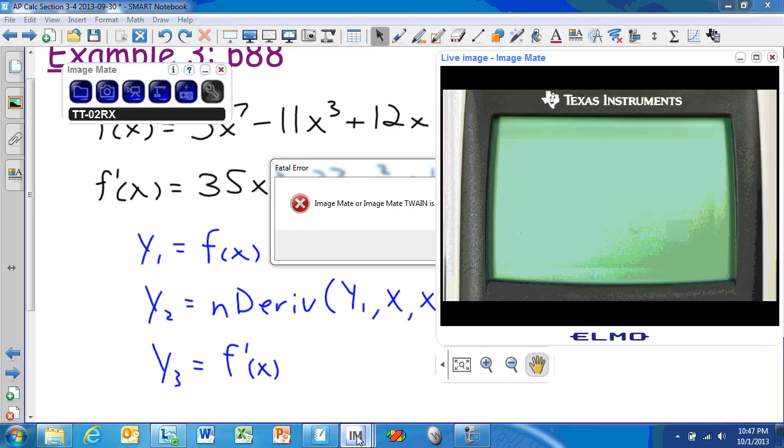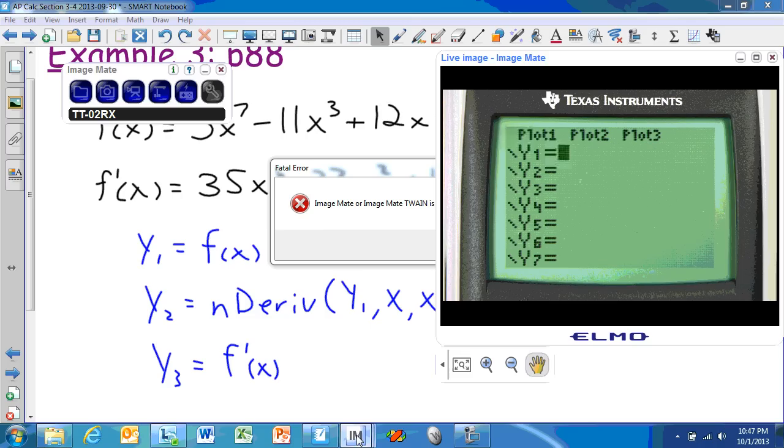All right. So let's take y1. We'll put in the original function there. Technically, I don't need the original function to graph, but we'll use it to graph the numerical derivative. So it's 5x to the 7th minus 11x cubed plus the 12x minus 47.